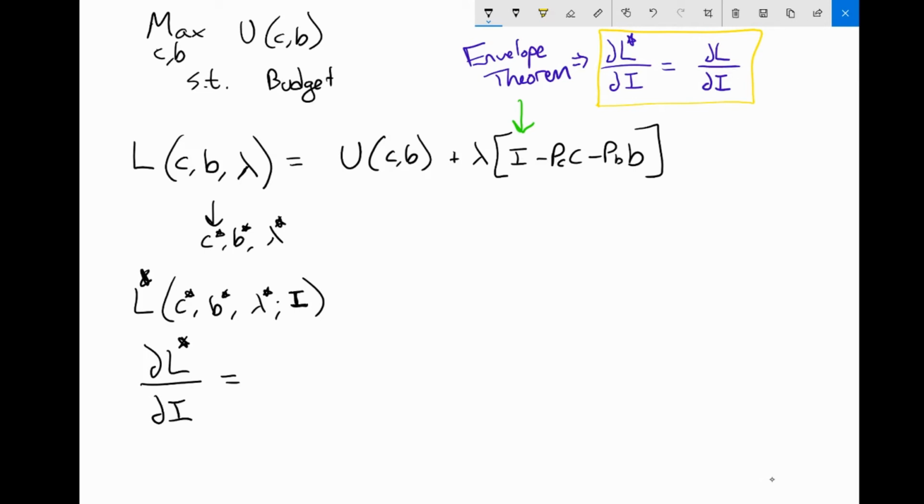However, by the envelope theorem, we know that this is just equal to the direct derivative. Well, what's the direct derivative of this expression with respect to I? It's just lambda. If I take the direct derivative of this, basically I ignore the fact that C star, B star, and lambda star are functions of I, and I just take the derivative with respect to the I that's in the original equation.